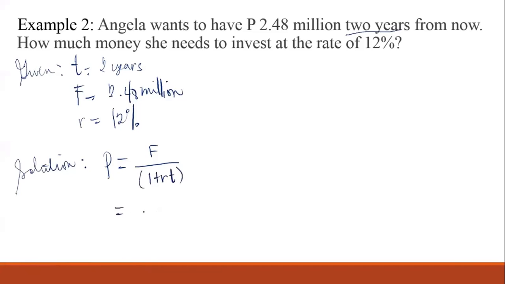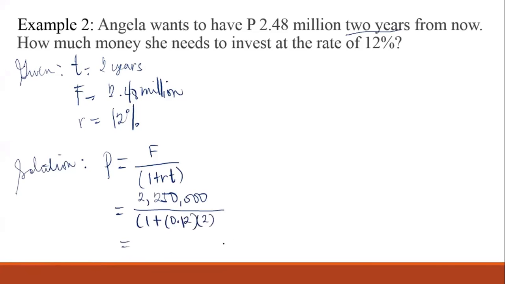Okay? So, substitute lang natin yung mga values. So, yung 2.48 million, since ano naman yan, estimated value yung future value natin. So, 2,480,000 pesos over 1 plus yung rate natin na 0.12 times yung term na 2 years.